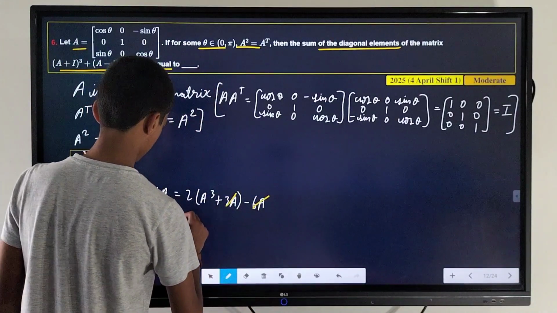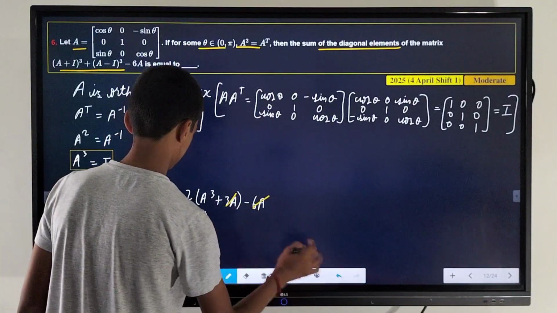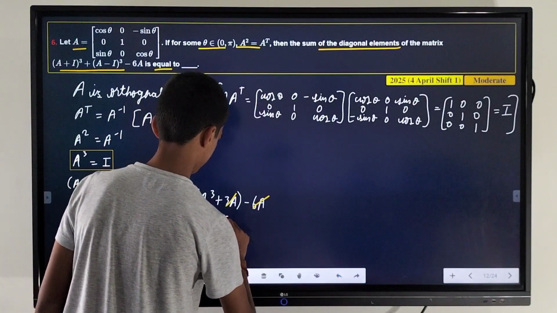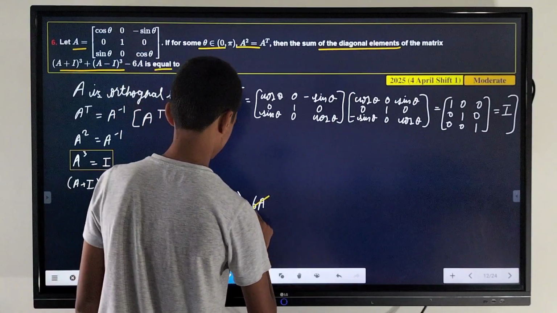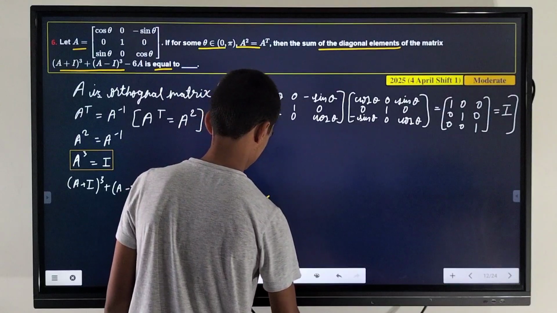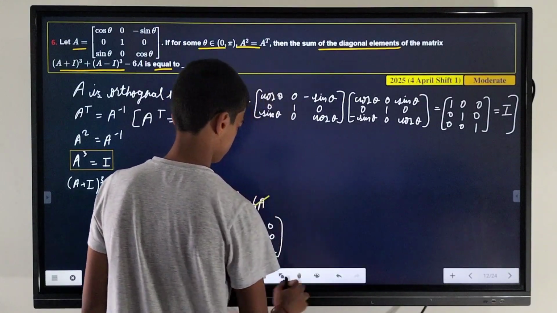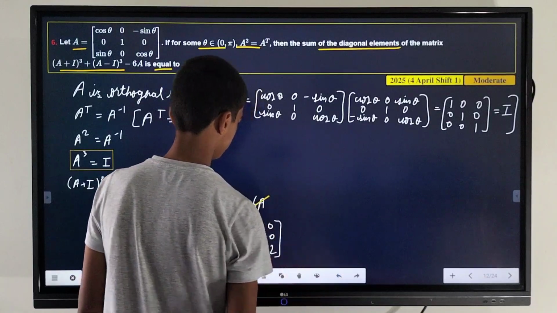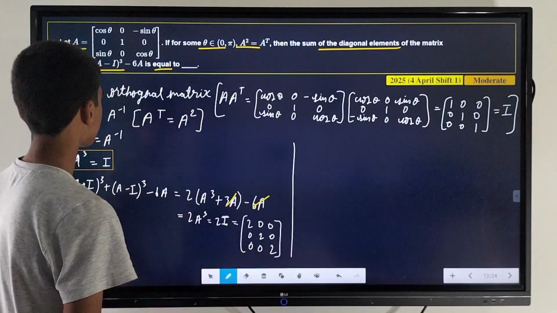This is equal to 2A cube, and this is equal to 2I, which is equal to 2 0 0, 0 2 0, 0 0 and 2. So we have the value of this expression.